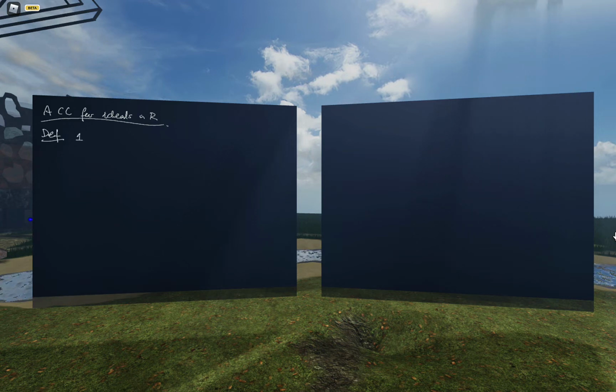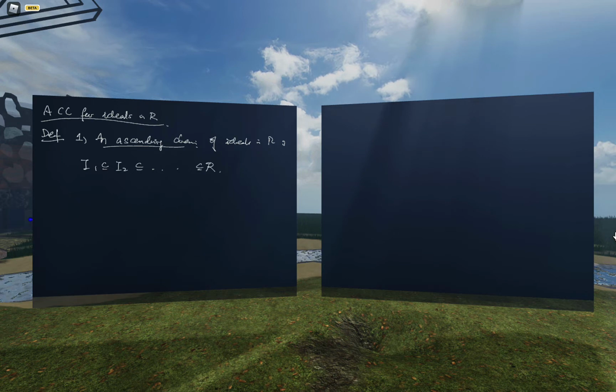So one, an ascending chain of ideals in R is basically what it says, right? You just have an ascending chain of ideals in R. Two, if every ascending chain of ideals stabilizes. I guess I should define what stabilizes means.